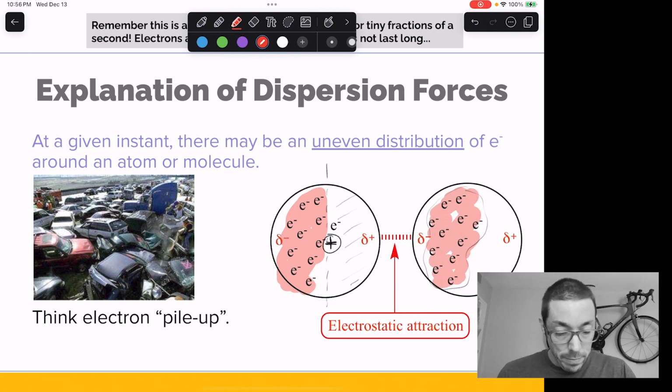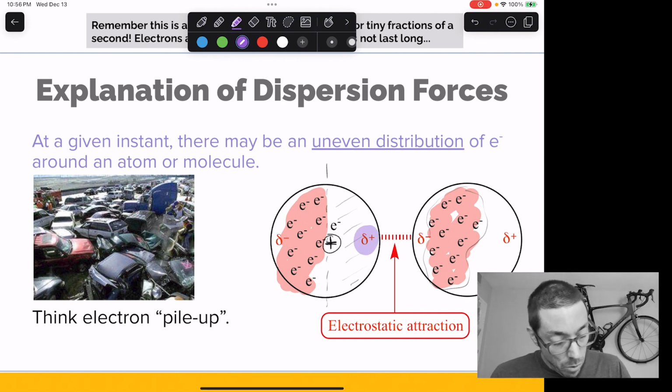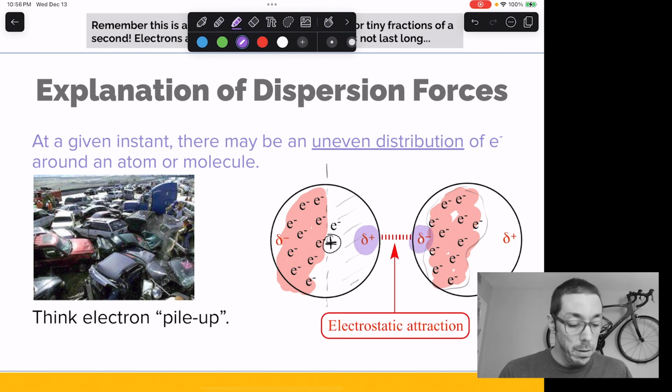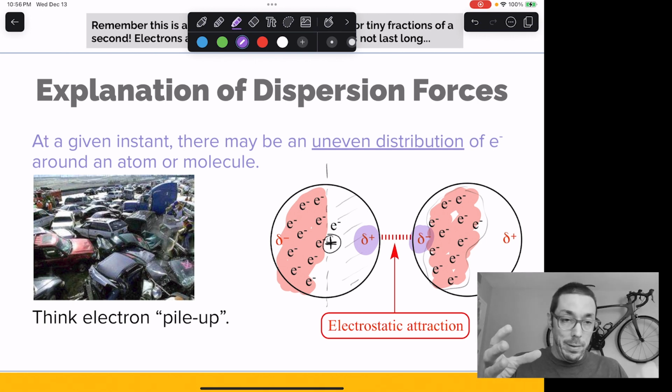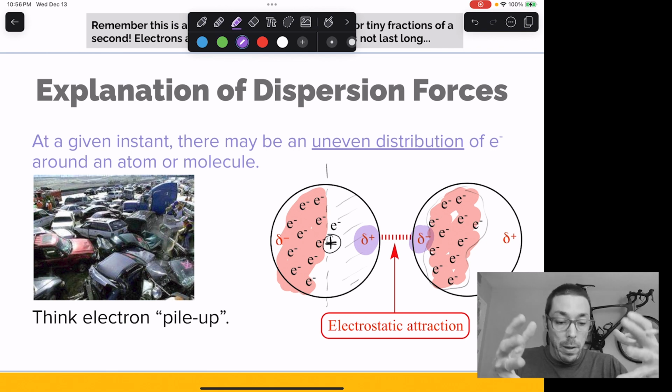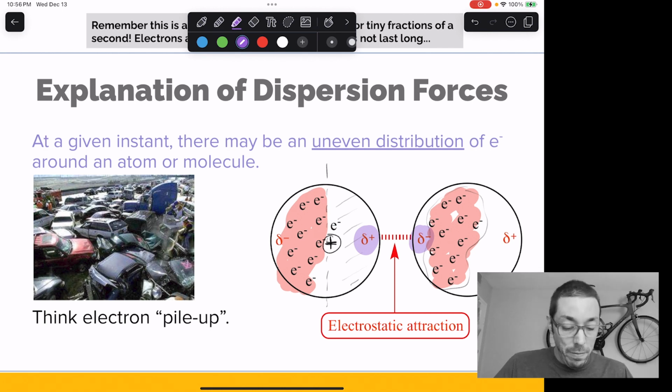And now we have this interaction of the slightly positive side of that atom to the now slightly negative side of the other atom, and that is an electrostatic attraction. It's like a slightly positive and a slightly negative magnet having that instantaneous attraction that lasts, like I said, so fast, like it's done before you can snap your fingers.